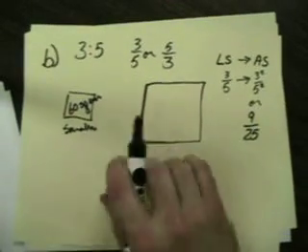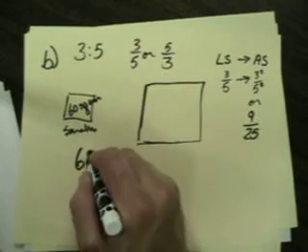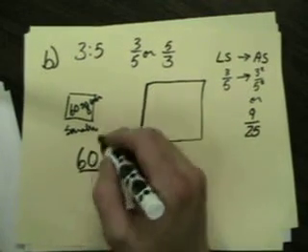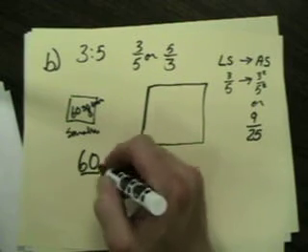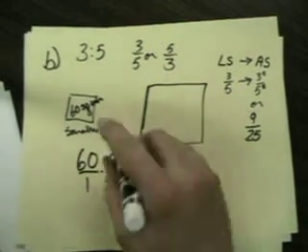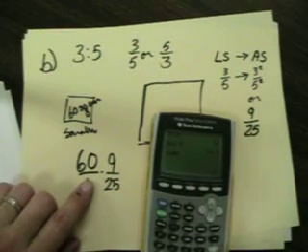Okay, good. We've used 9 over 25. So I take this amount, 60, because it's an area, and I scale area with area scale factors. I'm just going to do it for you: 60 times 9 divided by 25.